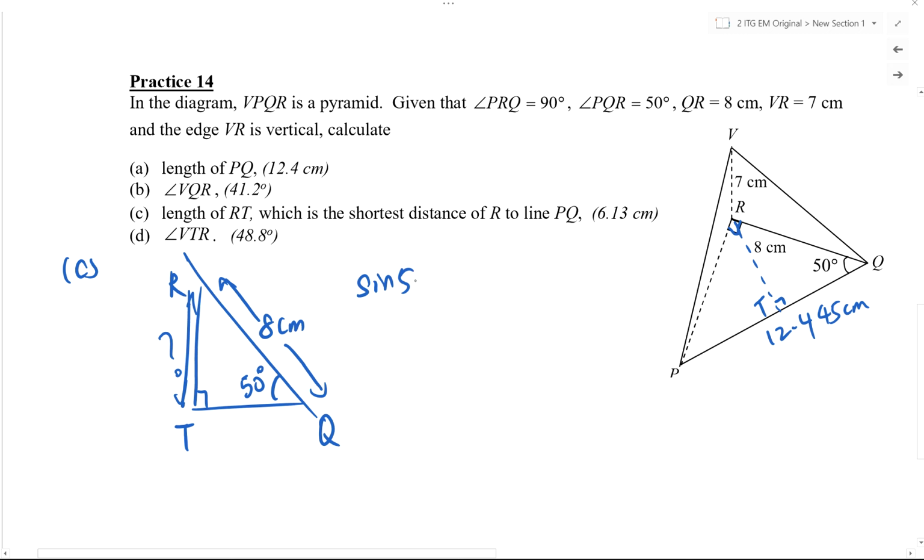Sine 50 degrees equals RT over 8. RT is 8 sine 50 degrees. 6.128. Round it off to 6.13 cm.